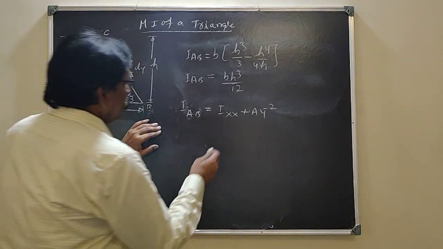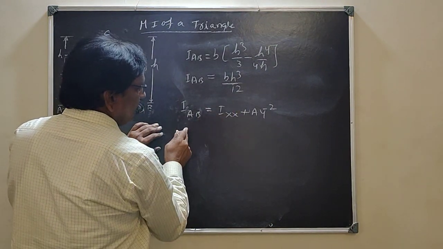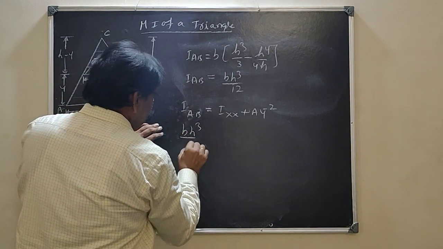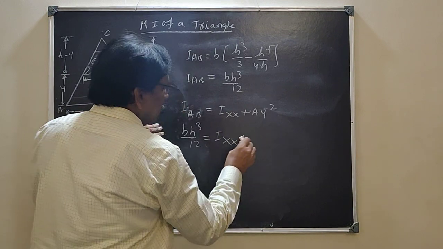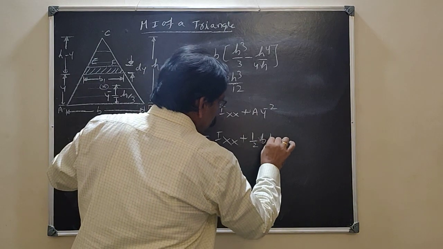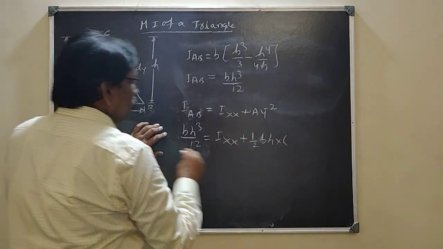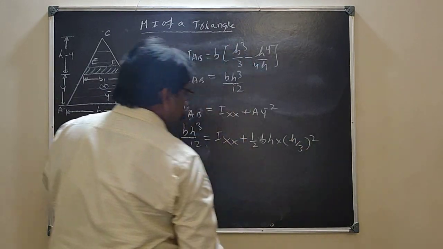So the moment of inertia about the base, BH cube by 12, is equal to IXX plus A, which is half into base into height, into y bar, that is h by 3, to the power of 2.